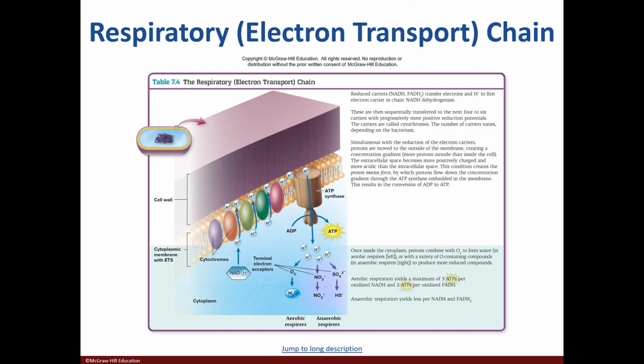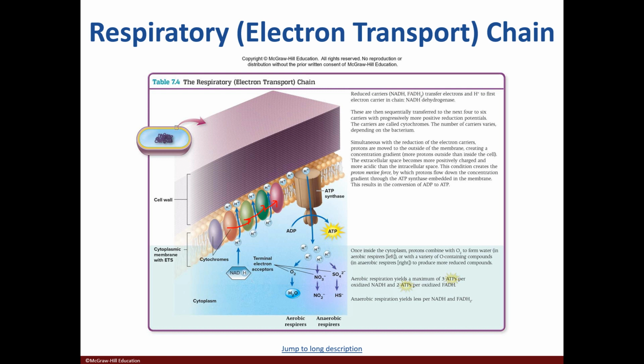Embedded in the cell membrane, we can see the cytochromes. NADH and FADH2 bring electrons, and they're transported from carrier to carrier. Hydrogen is transported across the cell. A concentration gradient develops, and then ATP synthase pumps hydrogen back in.